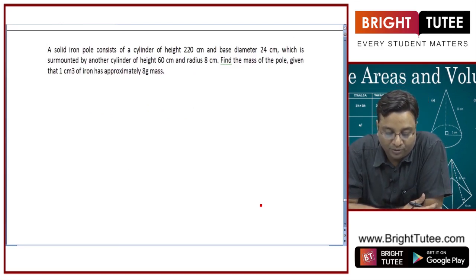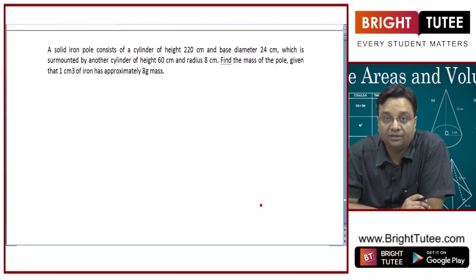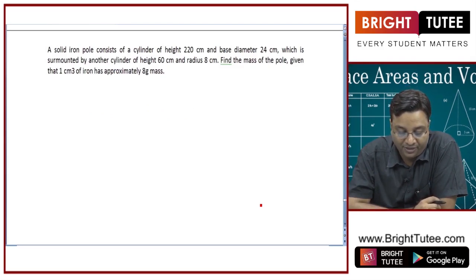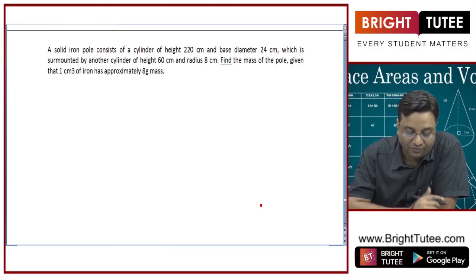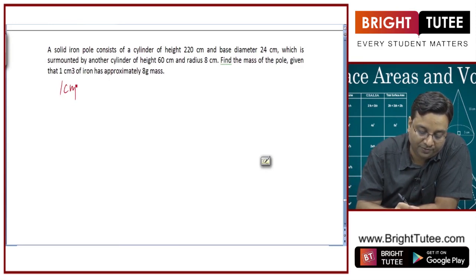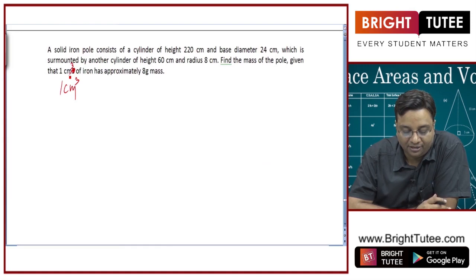A solid iron pole consists of a cylinder of height 220 centimeter and base diameter 24 centimeter, which is surmounted by another cylinder of height 60 centimeter and radius 8 centimeter. Find the mass of the pole given that 1 centimeter cubed of iron has approximately 8 gram mass.